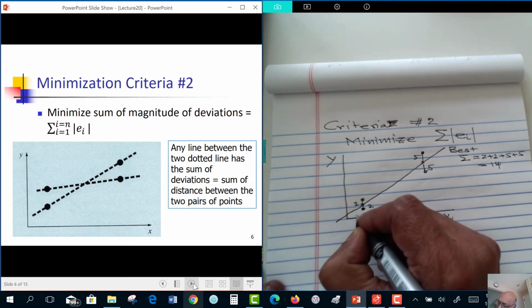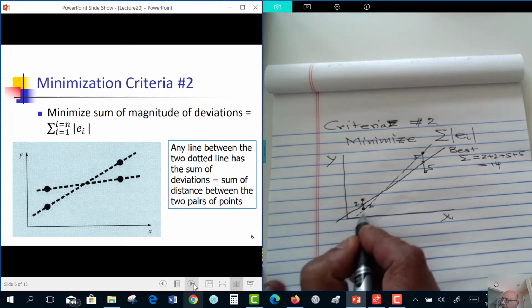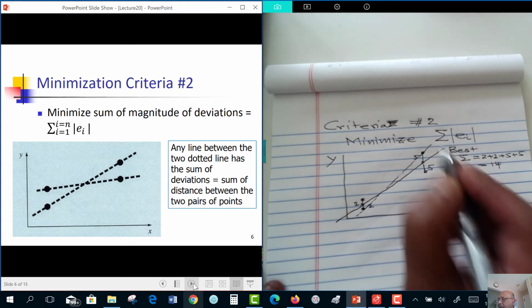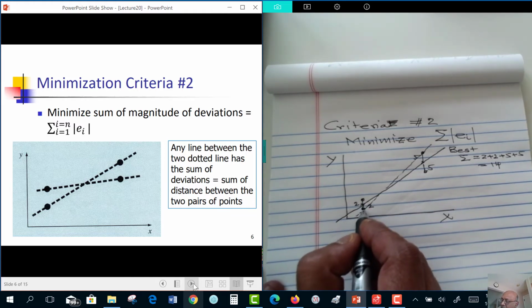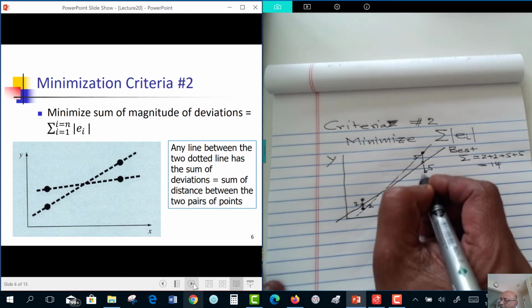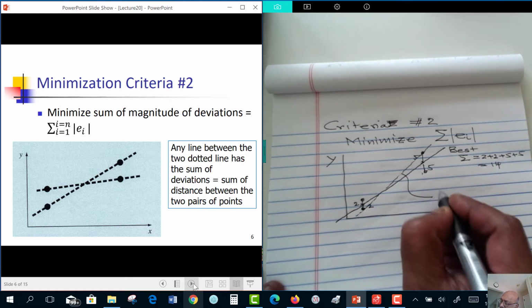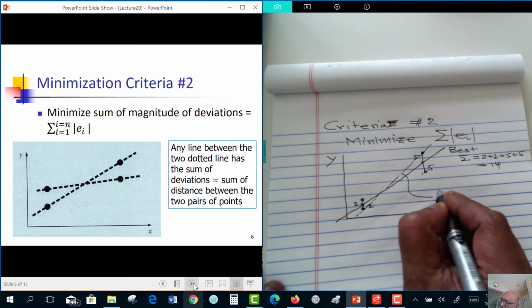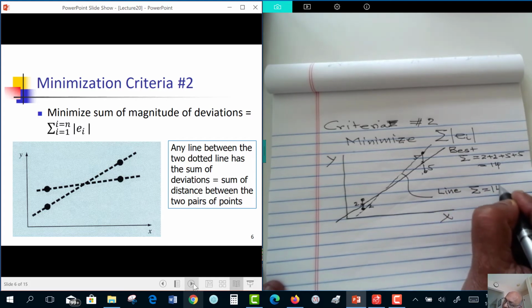Now let's draw another line. Let's suppose I draw a line connecting this point to this point. Obviously, intuitively not the best, but you can see total deviation would be 4 plus this 10. So this line, the dashed line, also has the same deviation, 14.